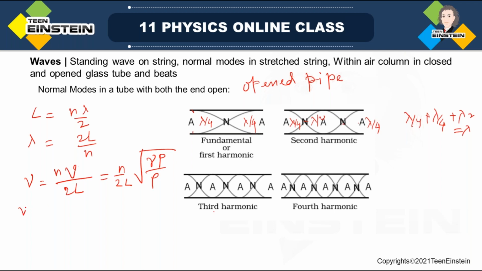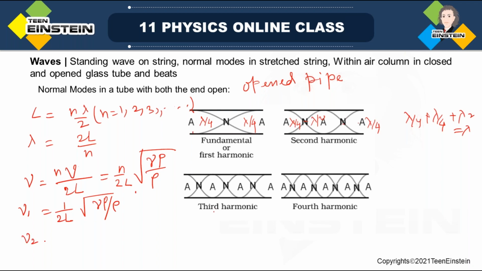Now see, fundamental frequency when n is equal to 1. Here n starts with n equal to 1, 2, 3, etc. The fundamental frequency nu 1 is called the first harmonic.